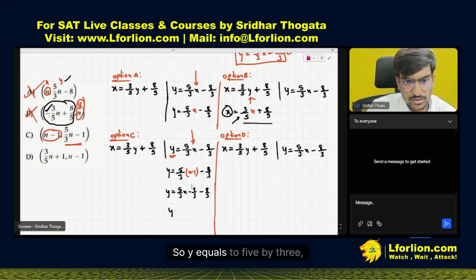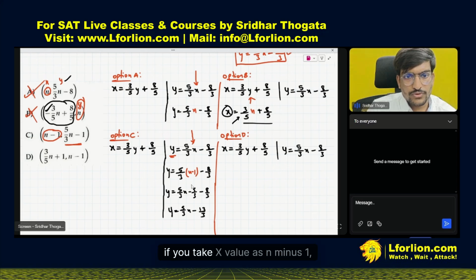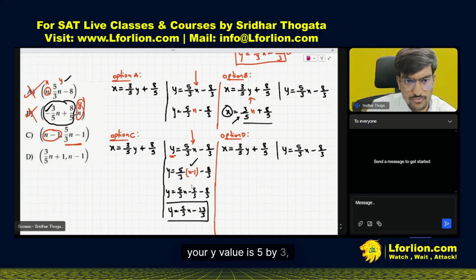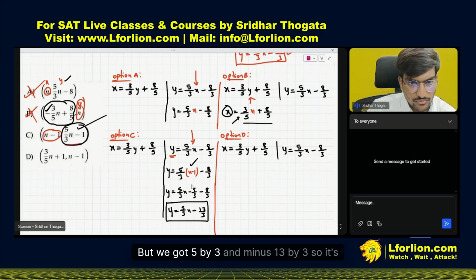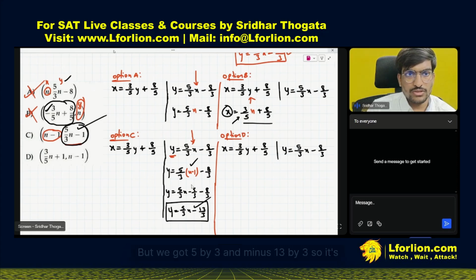So y equals 5 by 3 n minus 13 by 3. If x is n minus 1, the y value is 5 by 3 n minus 13 by 3. They gave 5 by 3 n minus 1, but we got 5 by 3 n minus 13 by 3. So it's obviously an incorrect option.